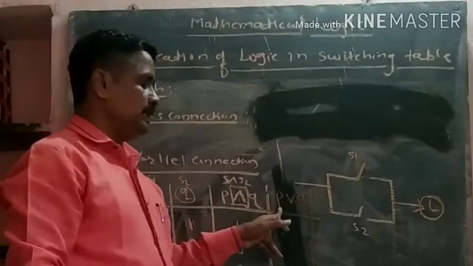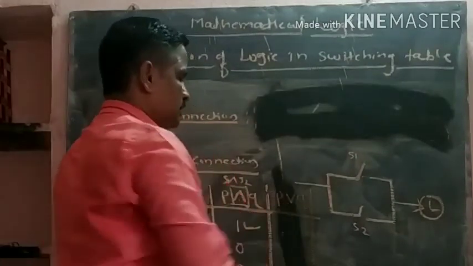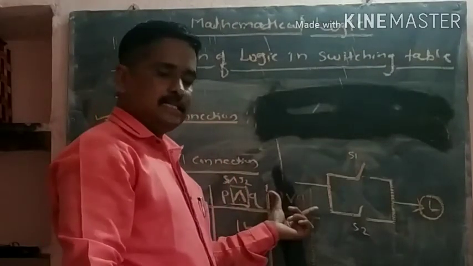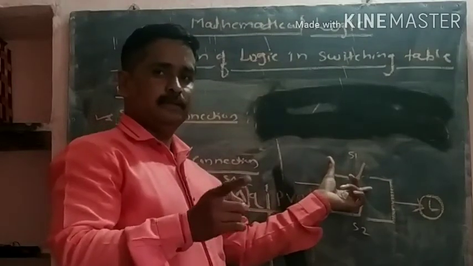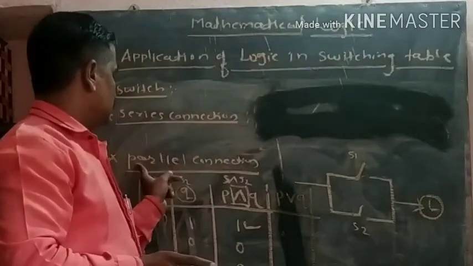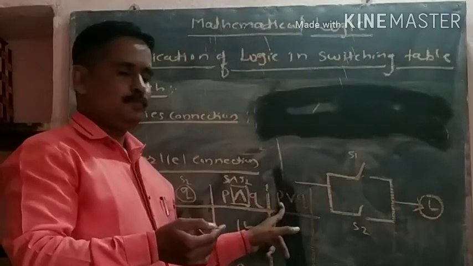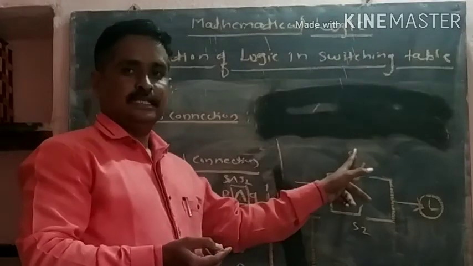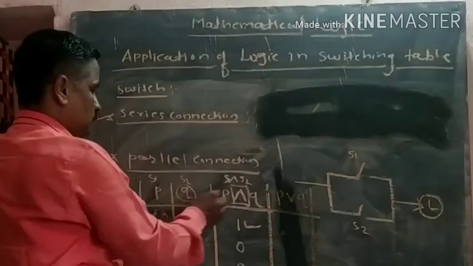So we have to construct an input output table for the disjunction. That means we have to obtain the input output table for a parallel connection. What is the output if two switches are connected in parallel?